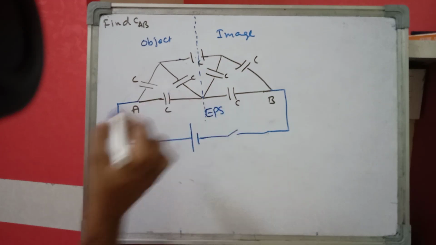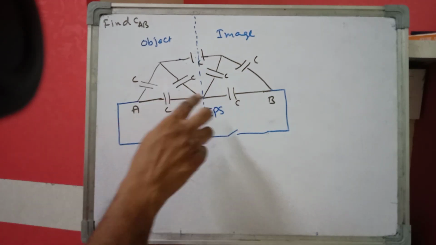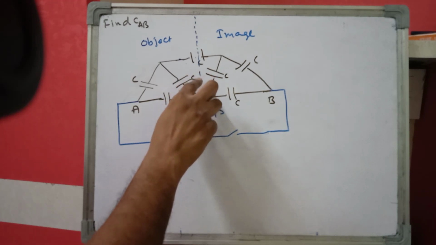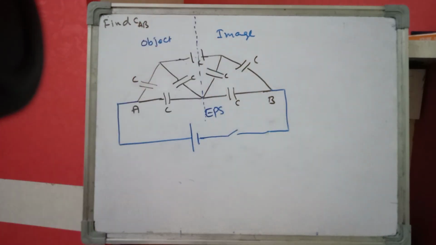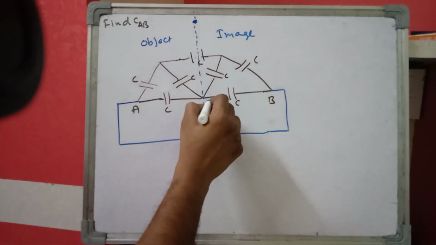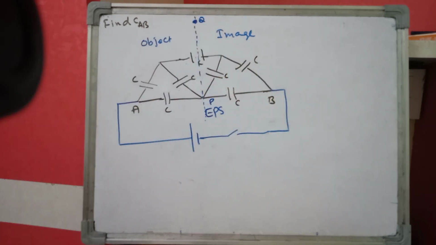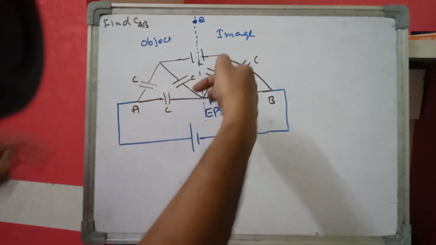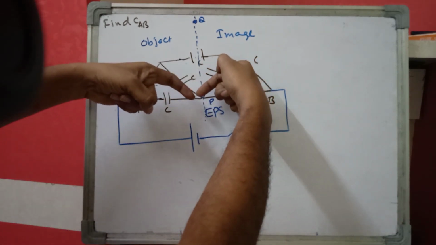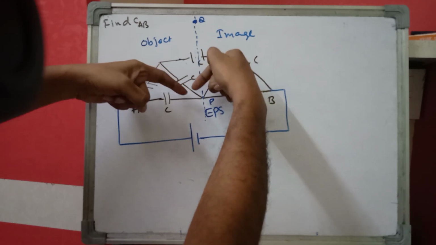We discussed equipotential surfaces in our class. So it means the potential at this point is the same as the potential at any point on this line. Now randomly select one point here, say this point is P and this point is Q. When these two capacitors are connected to point P, you can connect the same two capacitors here also.